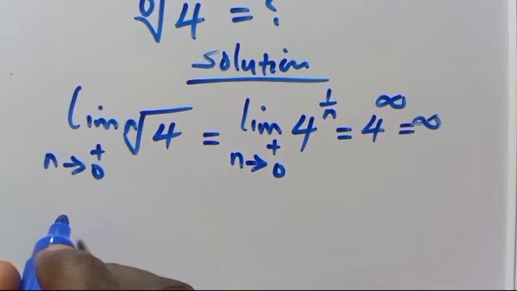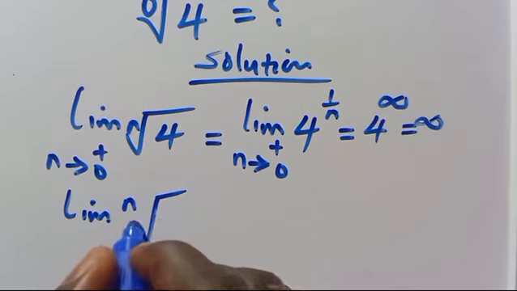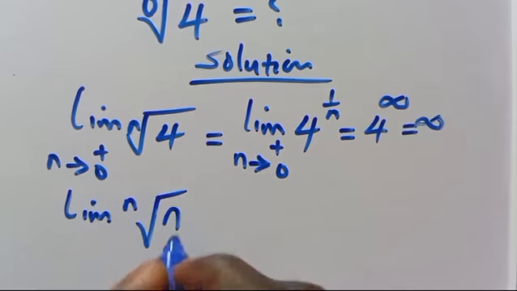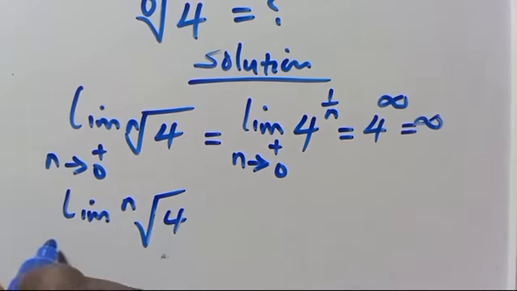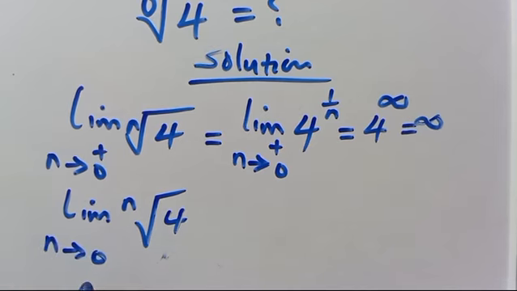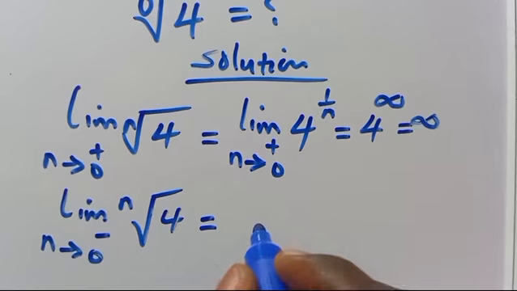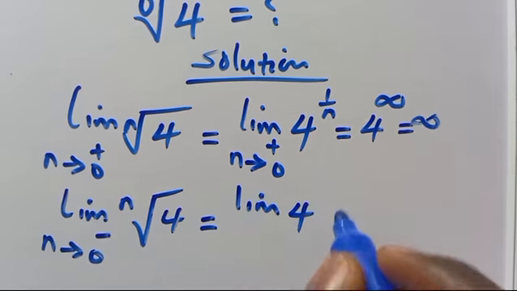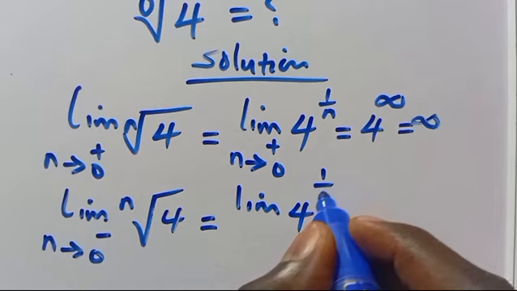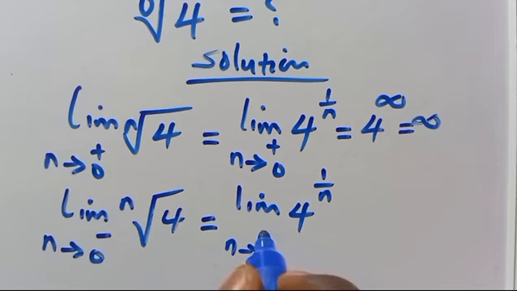Likewise, when we also have the limit of the nth root of 4 as n tends to 0 from the left, so we are going to have this as the limit of 4 to the power of 1 over n as n tends to 0 from the left.